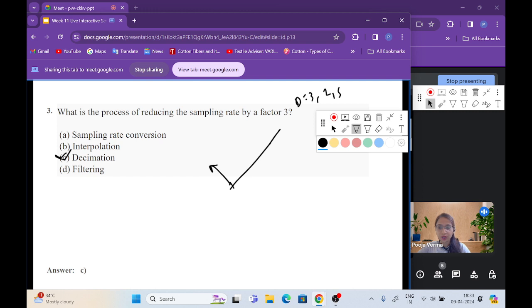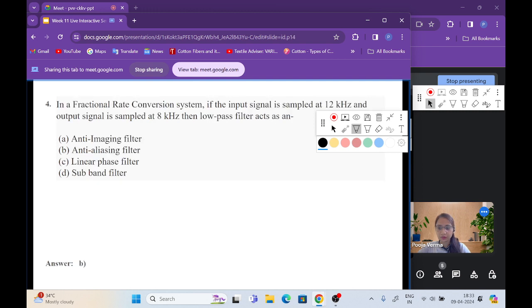Okay, so moving to the next question. In a fractional rate conversion system, if the input signal is sampled at 12 kHz and output signal is sampled at 8 kHz, then the low pass filter acts as an option A anti-imaging filter, option B anti-aliasing filter, option C linear phase filter, or option D sub-band filter.